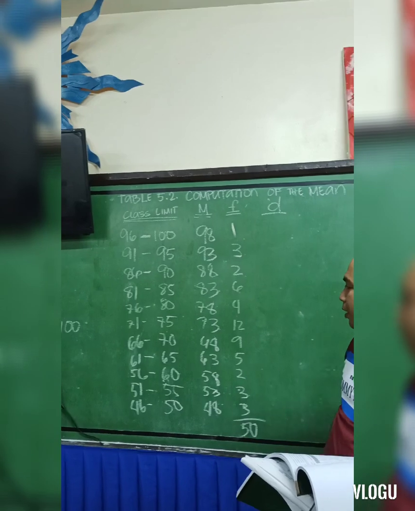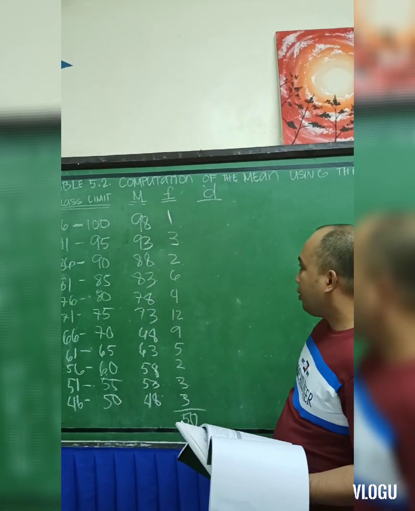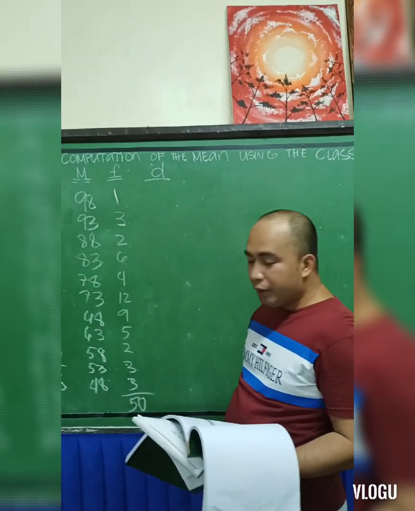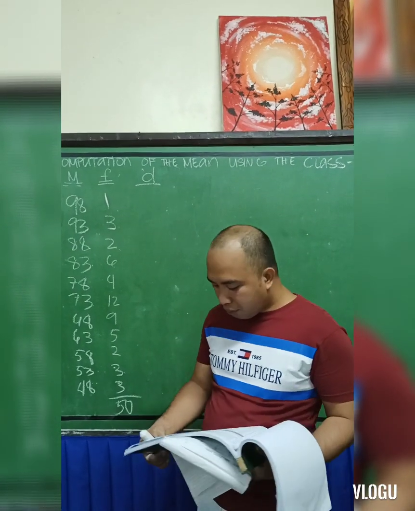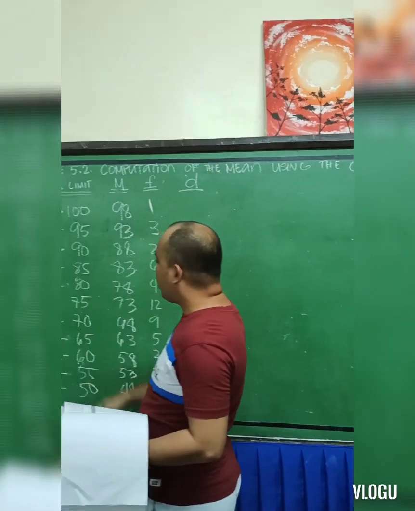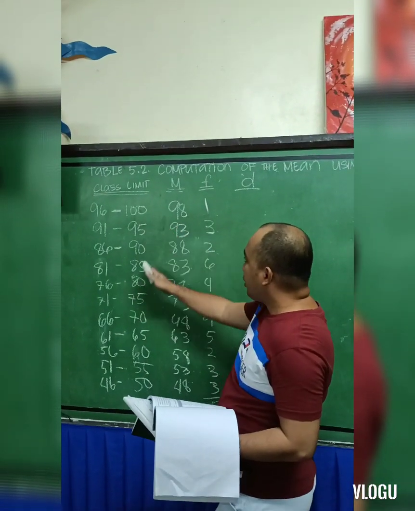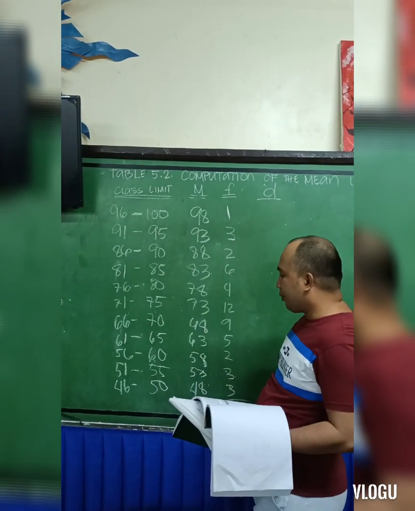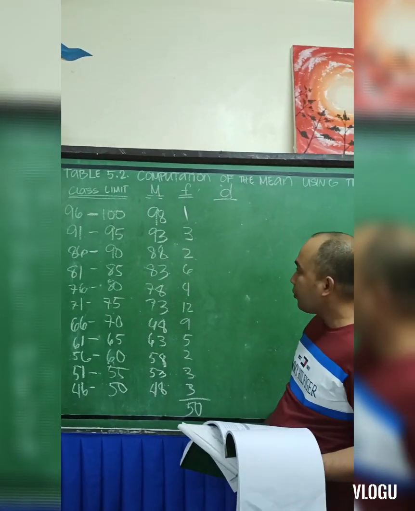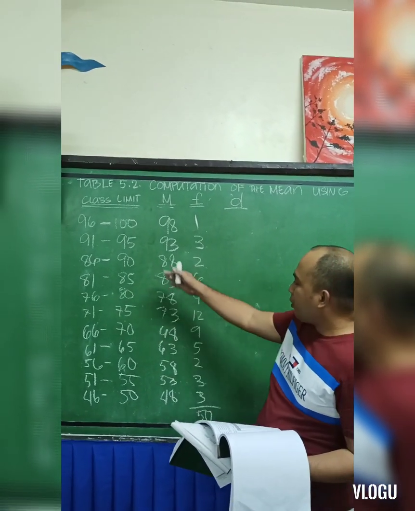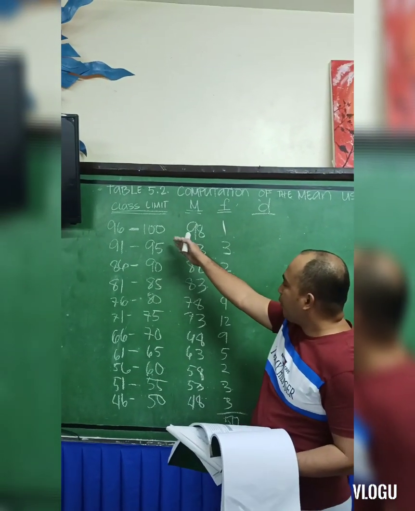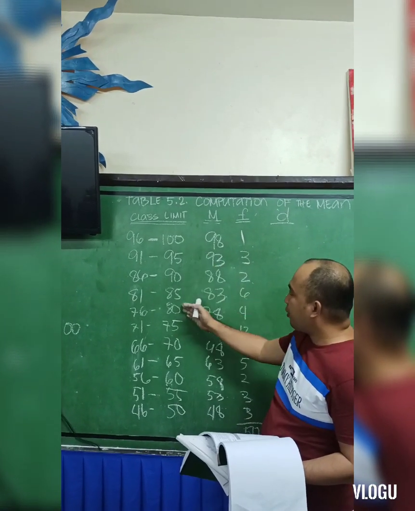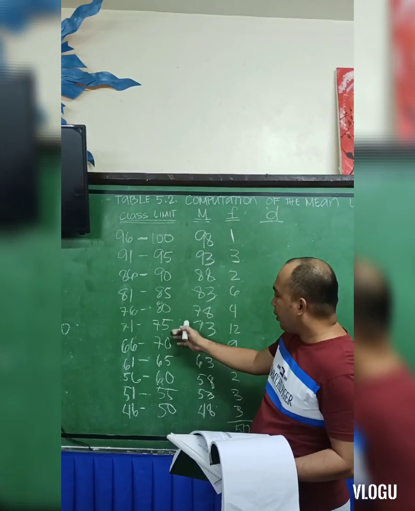Okay, so in this case, I choose our arbitrary origin to be on the center. So what is the center of our class limit? Again, to locate this, let's look for the center of the class limit.